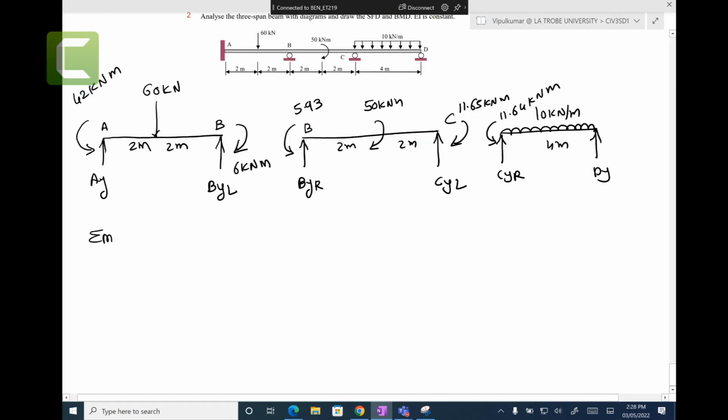Sum of the moment at A equal to 0, let's keep clockwise positive throughout the example. 60 kilonewtons times 2 meters minus 42 kilonewton meters plus 6 kilonewton meters minus BYL times 4 meters equal to 0.